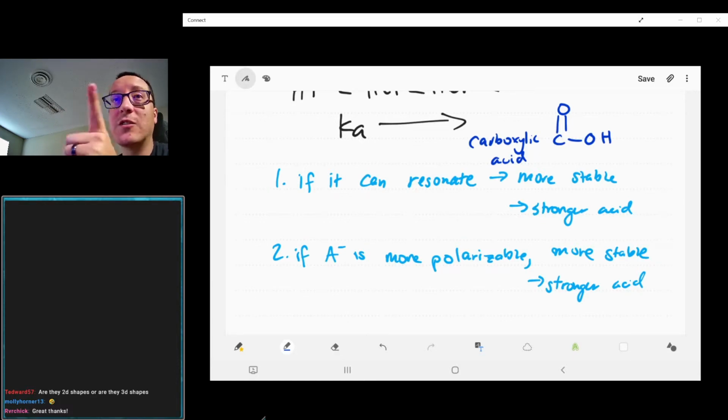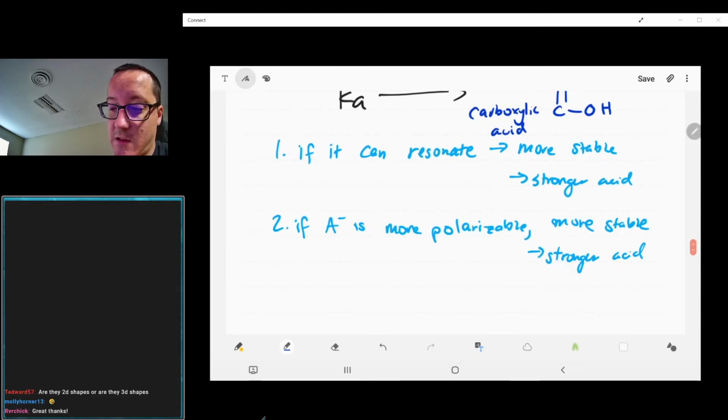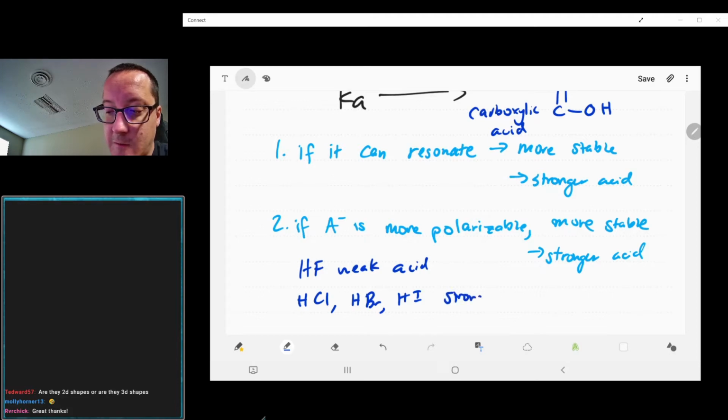So they have two oxygens there, they can resonate in between. All right, and then we saw that, for example, this is why HF is a weak acid, but something like HCl, HBr, HI are strong acids. Because fluoride is so small, it's not going to be able to accommodate the charge as well as the other three potential halides, and so that's why HF is a weak acid.